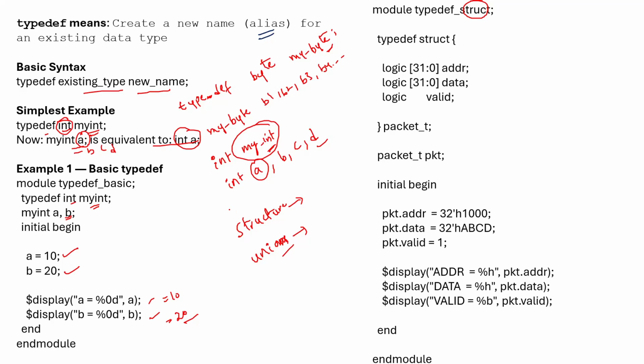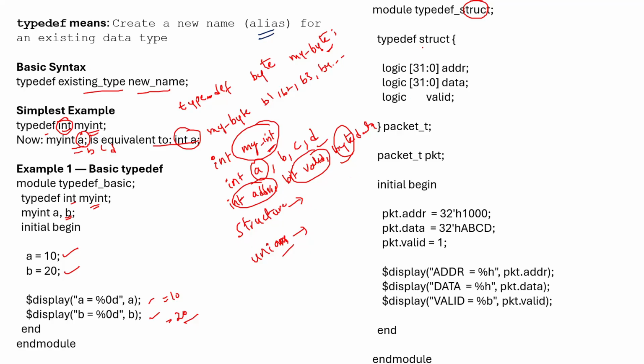I take an int address as one data type, a bit valid, and a byte, so byte is one data type, bit is one data type, and integer is another data type. All these are different data types I'm considering.